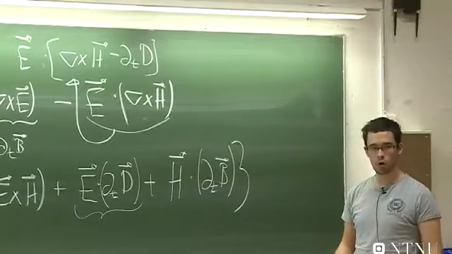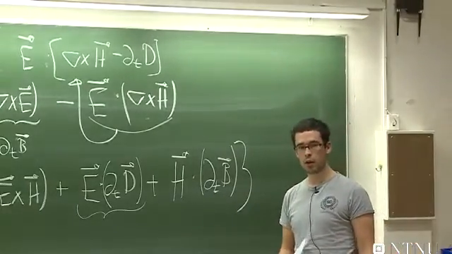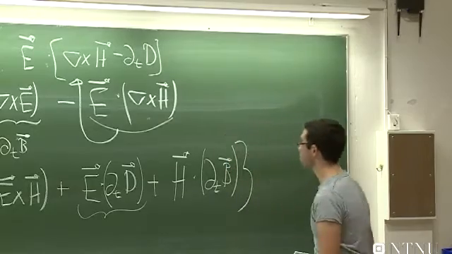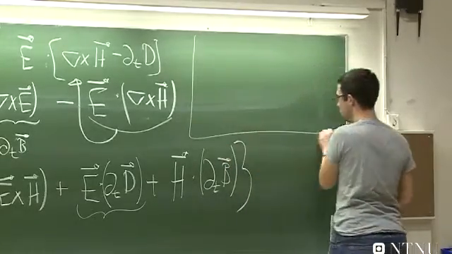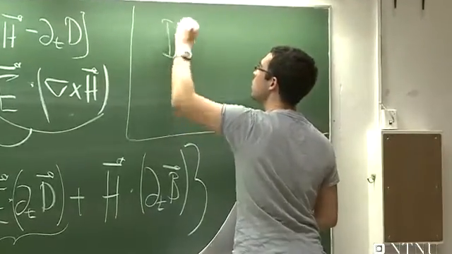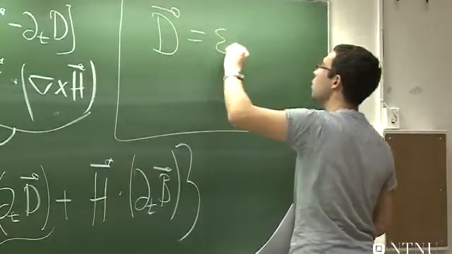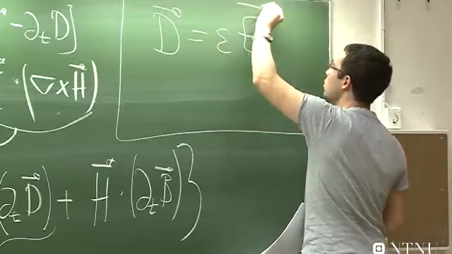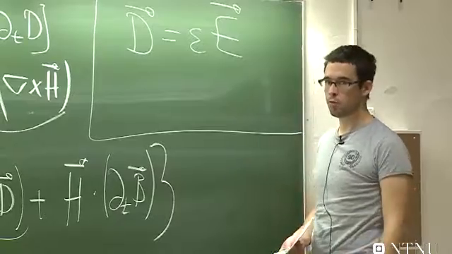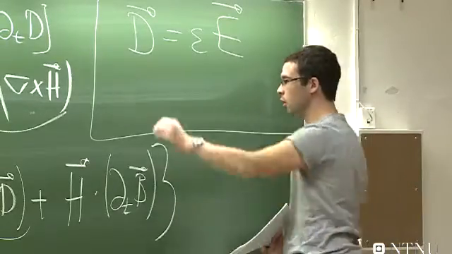I'm going to try to reshape this term, and then I need a constitutive relation, as we've discussed before. I'll just put it up here that for now we assume linear media, meaning that we assume a linear form for the constitutive relation, and we also assume isotropy and homogeneity of the media.